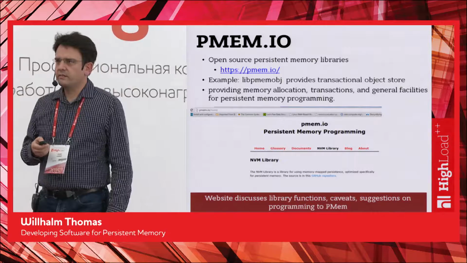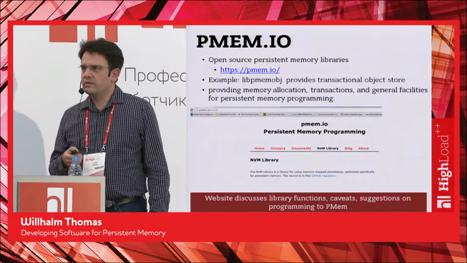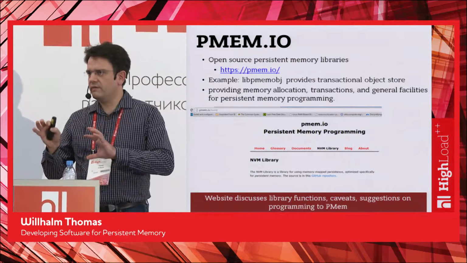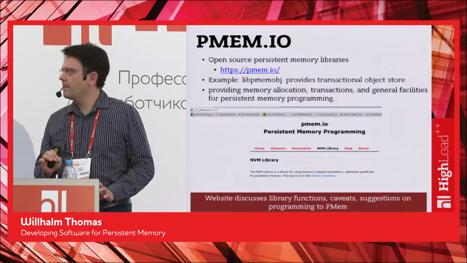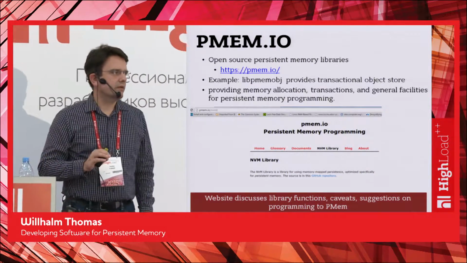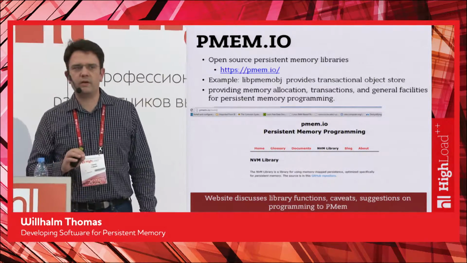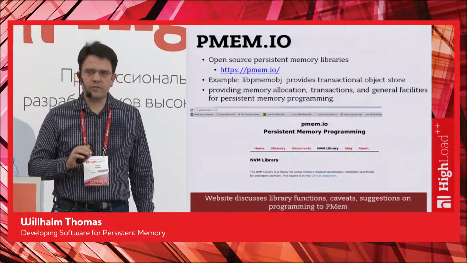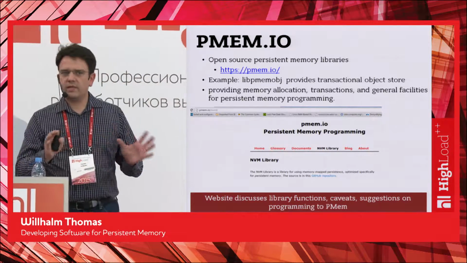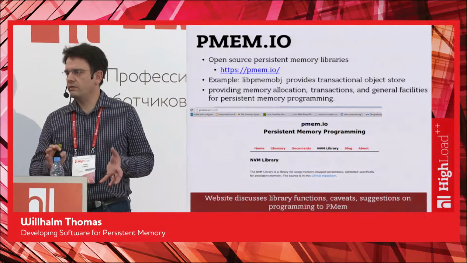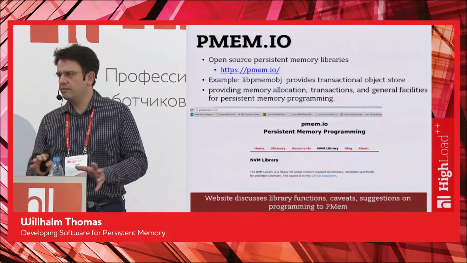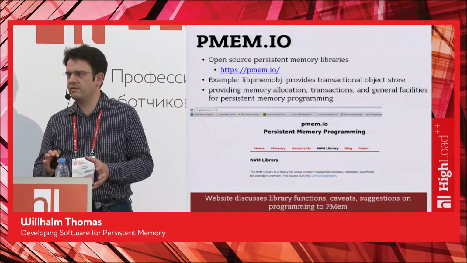So I probably scared you a little bit with all these flushes and memory fences. But there's good news. Some colleagues of mine are working on a library called pmem.io. It's an open source library that encapsulates all this. So you don't need to do all these flushes and pcommits and everything yourself.